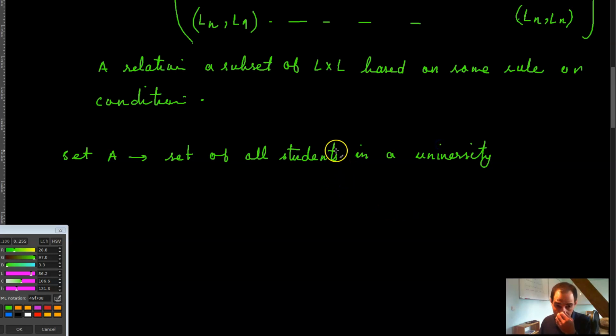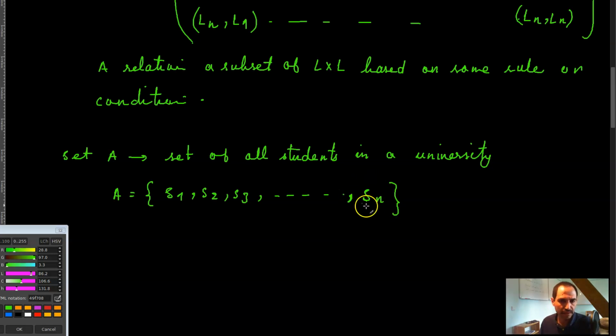That's a large set. So then you would have A equal to, for example, student 1, student 2, student 3, and I don't know how many students you have there, but there is a number for them, and that is basically the last student. Let's denote the last student with S of n.